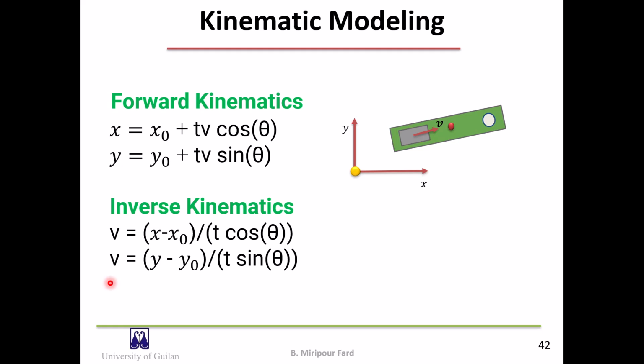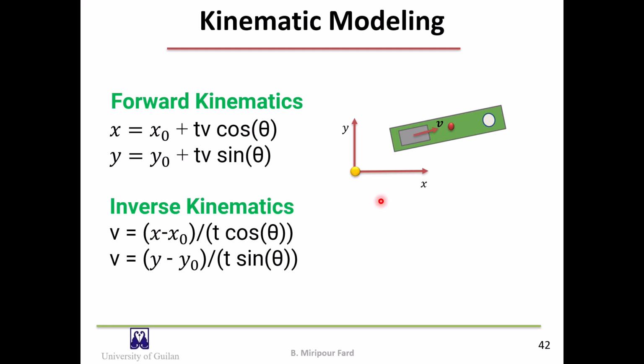It can be seen that the inverse model does not have a solution in some situations. For example, if theta equals pi over 2, it should be noted that in this case, since theta is constant, there is a linear relationship between x and y.